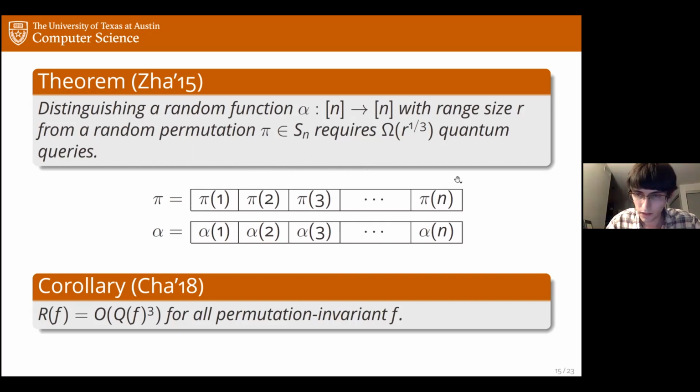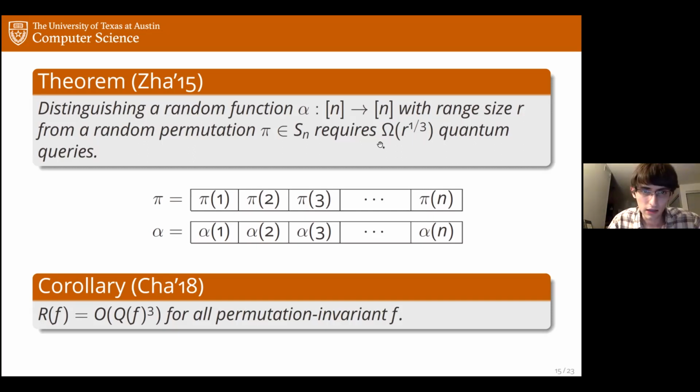One is a random permutation, meaning you have a list of n numbers and each one appears exactly once. The other is again a list of n numbers, but the range of this string has size at most r, where r is smaller than n. What Gendre shows is that if you make queries to either pi or alpha, then in terms of r, you need r to the 1/3 quantum queries to be able to distinguish these two.